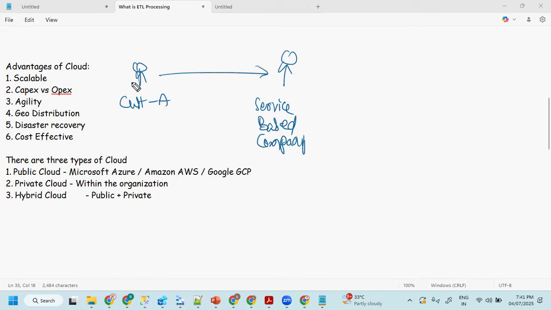He wants a solution for his data. He has the data, he wants to get insights on top of it, and he wants to process it. So he contacted one service-based company.